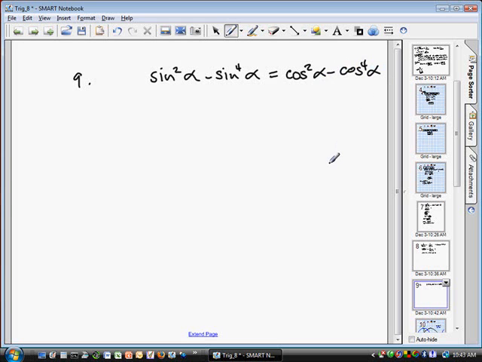Did I copy that right, first of all? Let's see, sine squared minus sine fourth equals cosine squared minus cosine fourth. Okay.